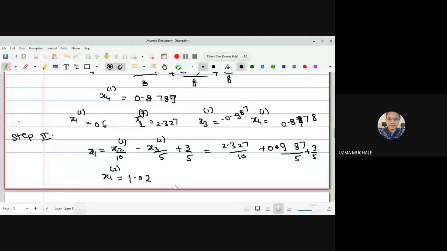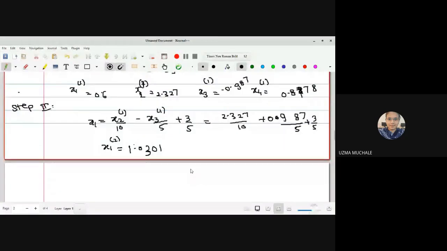Yes, ma'am, 1.0301. Okay, 1.0301. So here we got the value of x12, that is the value of x1 in the second iteration.